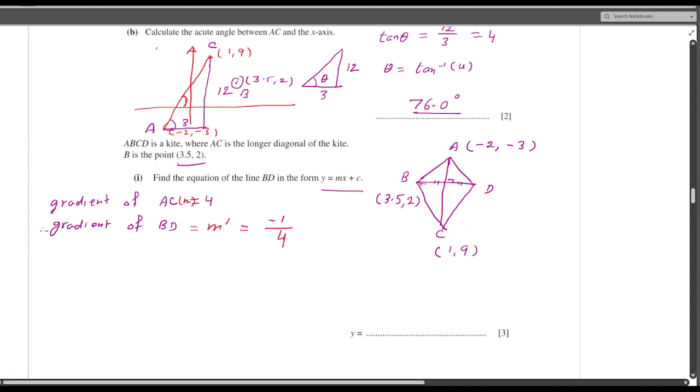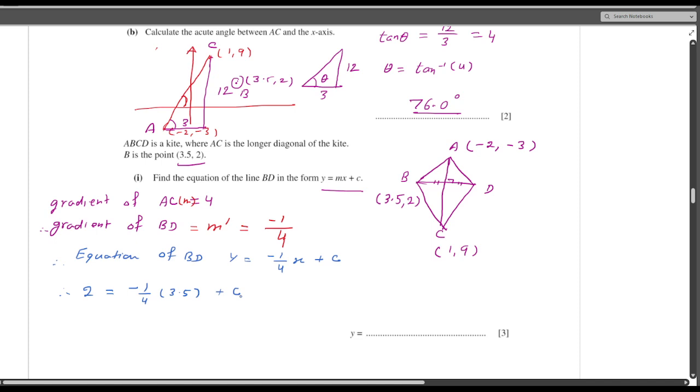Okay, and I also have one point. So for BD, the equation will be y = -1/4 x + c. Now the coordinate of B is known to me, so I will say that 2 = -1/4 times 3.5 + c.